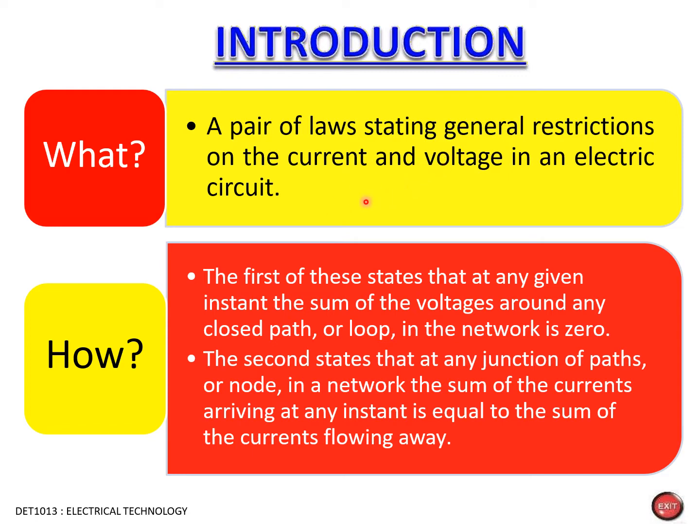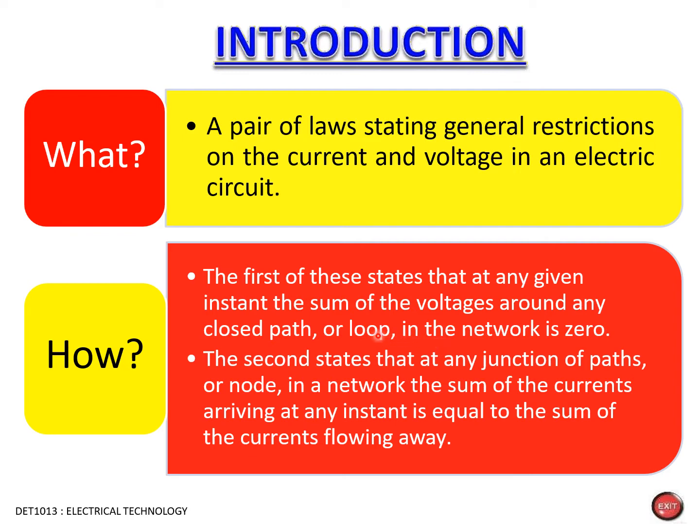Then, what are these laws and how can we know about them? The first law states that at any given instant, the sum of the voltages around any closed path or loop in the network is zero.